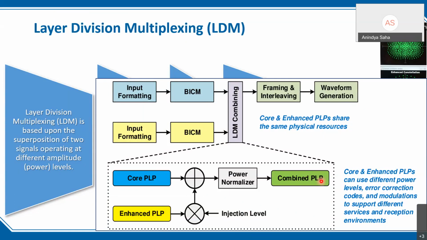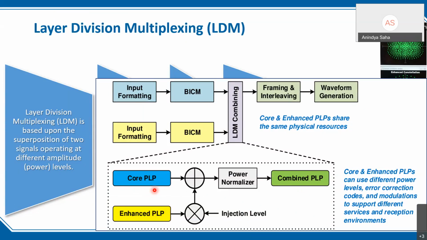What this allows broadcasters to do is use different kinds of services on the core layer and the enhanced layer. They can use different mod codes and also different FEC attributes, code rate attributes.